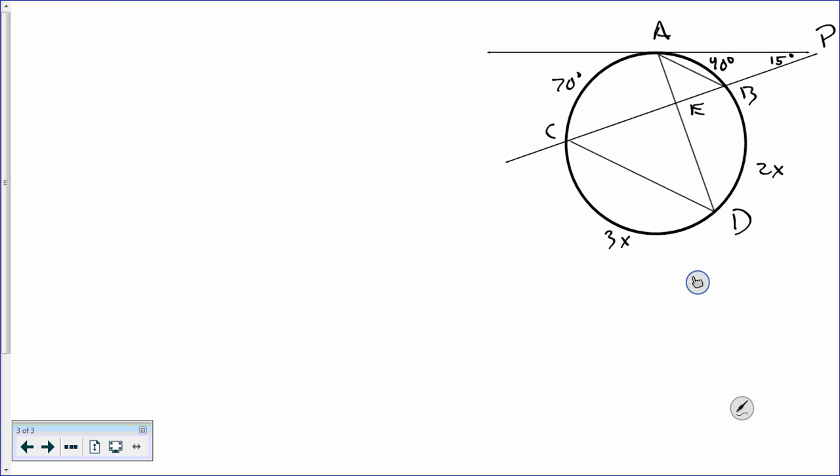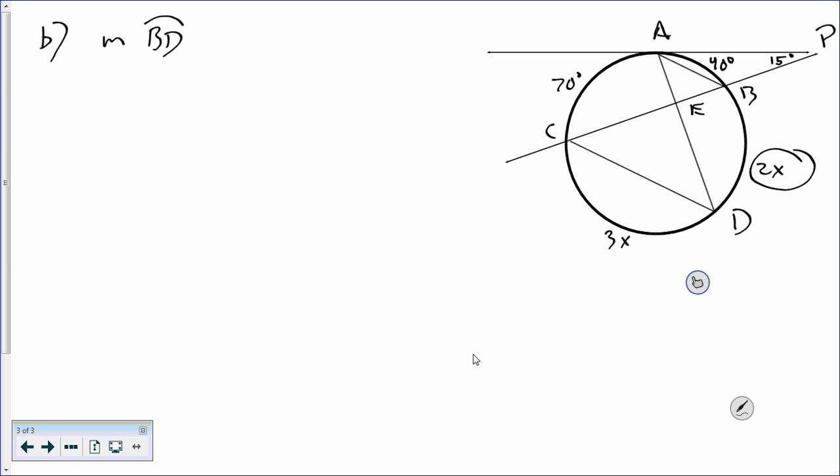All right, so question B wants to know the measure of arc BD. BD is this one right here that they gave you a little bit of information about. But now you know some of the missing parts.